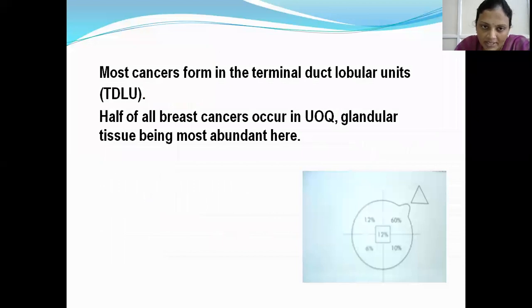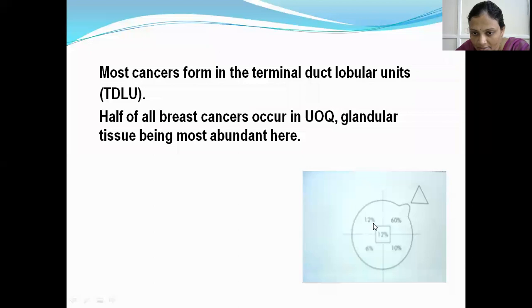So most of the cancers form in the terminal duct lobular units. Half of all the breast cancers occur in the upper outer quadrant, because the glandular tissue is more abundant over there. See this picture. The upper outer quadrant constitutes more, 60%.